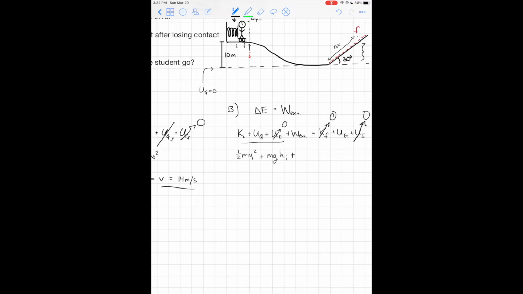Now that external amount of work is going to be the frictional force. So I have some mg, which is going to be my normal force, times some coefficient of kinetic friction, times my displacement up the ramp. But the big thing here is I am at this angle.